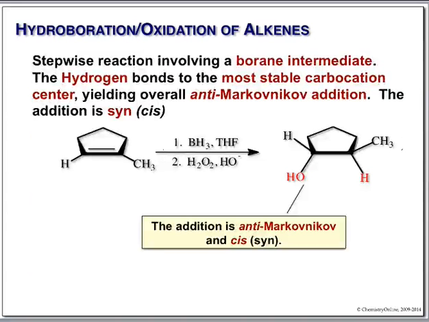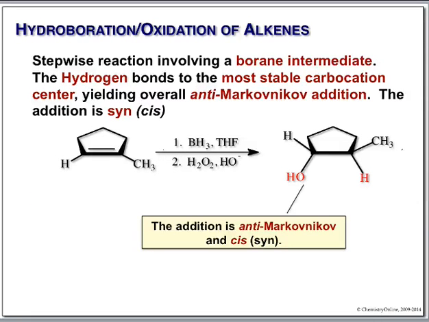Like I said, we know 2 ways to make alcohols, right? Unfortunately, both of those are Markovnikov alcohols. What if you wanted to make this guy, where the OH was bonded adjacent to the most stable carbocation? This would be an anti-Markovnikov alcohol.